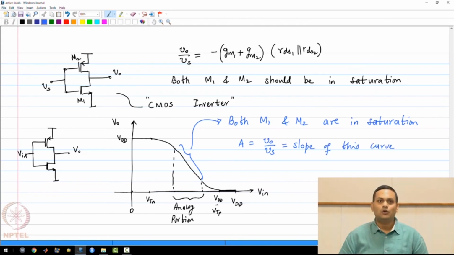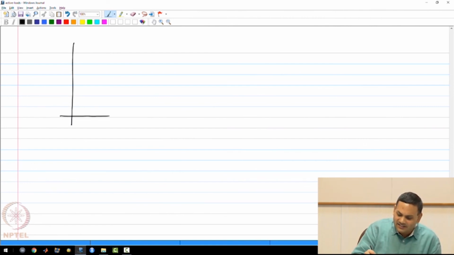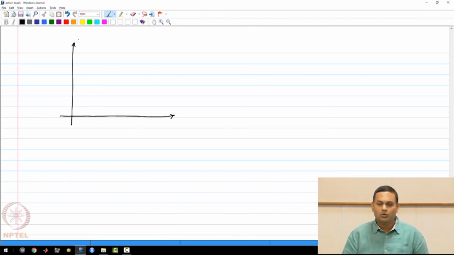It is basically dVo by dVin. Of course, I have shown this in an exaggerated manner such that the gain is not very high. If you look at a typical CMOS inverter in a digital IC's textbook, you may see a curve that looks more like this. I have exaggerated the curve to show that you get large gain.